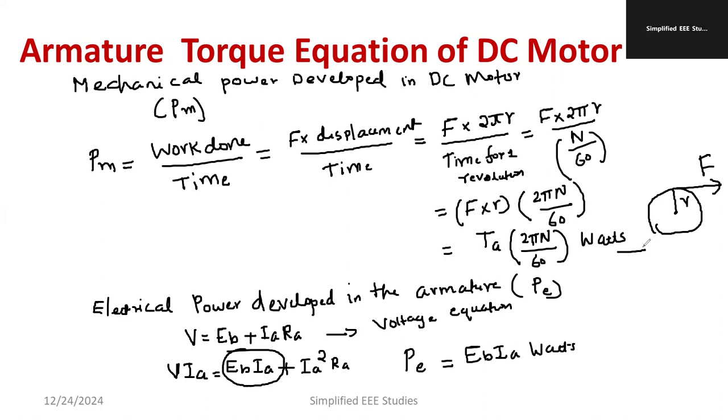The mechanical power developed in the armature, PM, let us call equation 1. Now the electrical power developed in the armature is given by EB into IA. What is EB? EB is Z n phi by 60 into P by A, into IA. Kindly call this equation number 2.